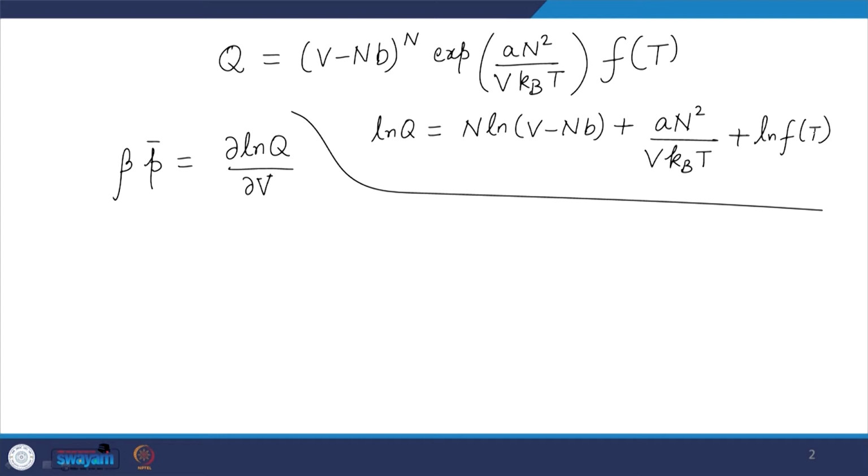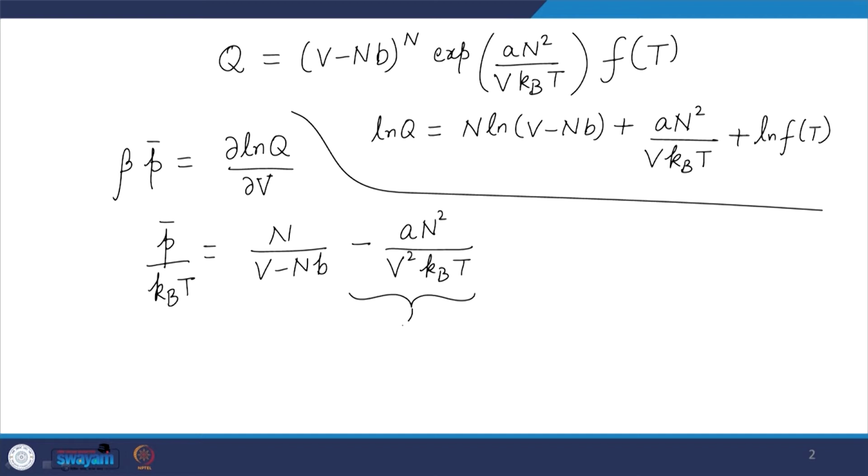So, if I take this derivative with respect to volume, what I get is n by (v minus nb) minus a n square by v square kBT. Now, since beta is 1 by kBT, on the left hand side we have P bar by kBT.